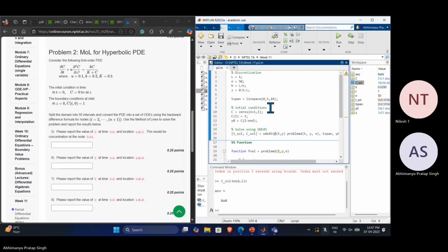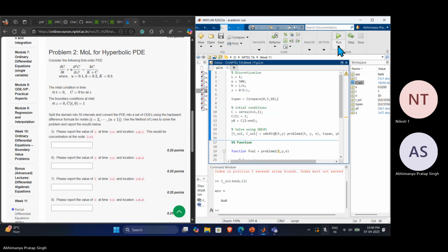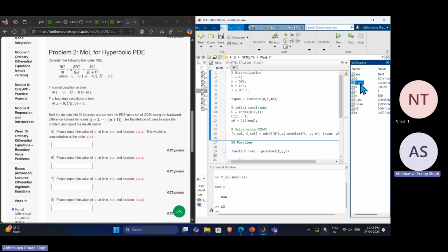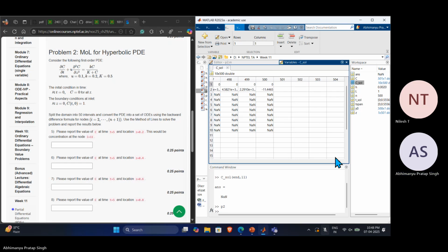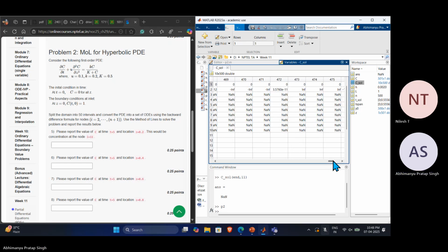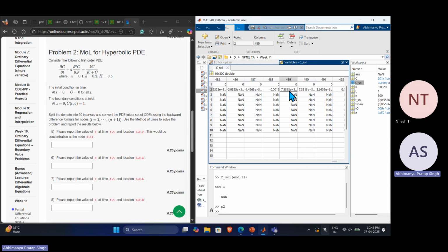There is some issue with this problem. Still it's NaN values only. Values are becoming very high, so that's why it's giving me NaN.